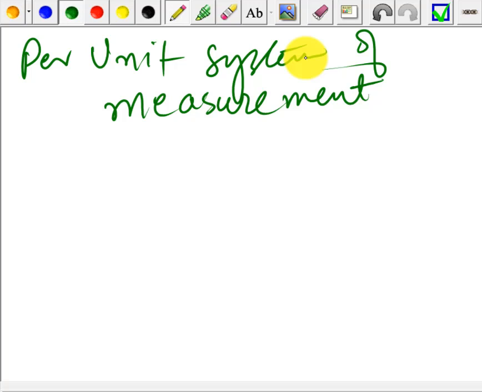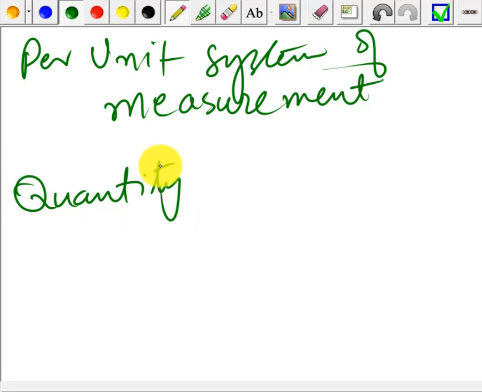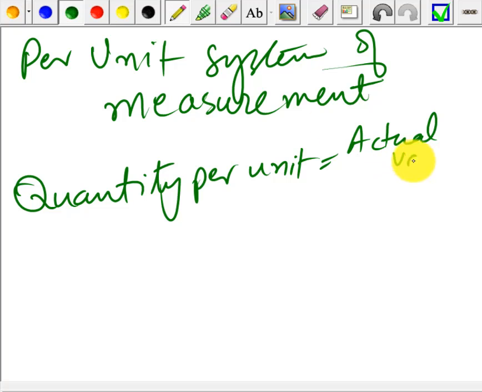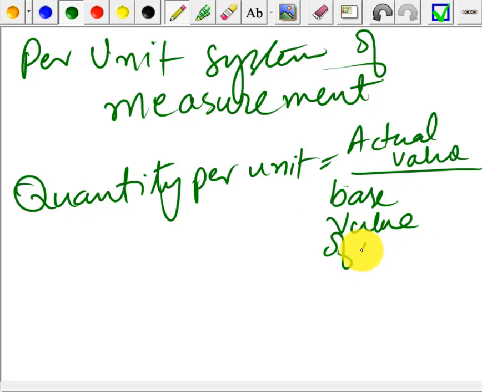So in this system, any quantity we want to measure can be written as quantity in per unit, equal to the actual value divided by the base value of the quantity, where the actual value is a value in volts, amperes, ohms, etc.